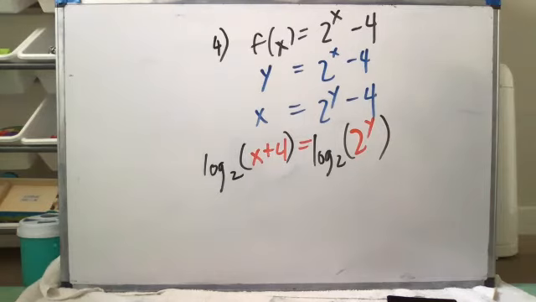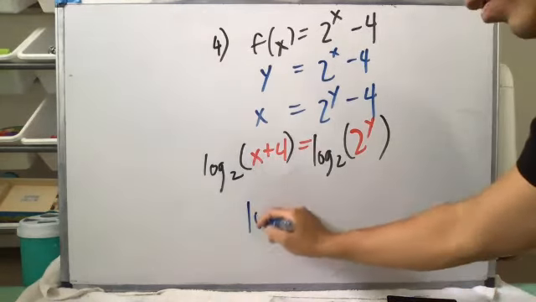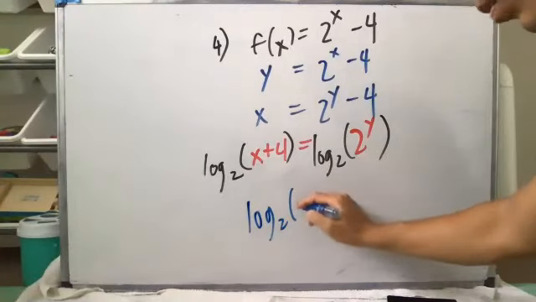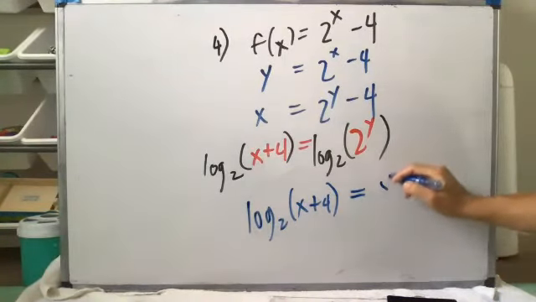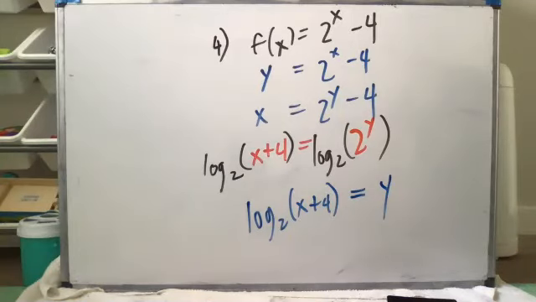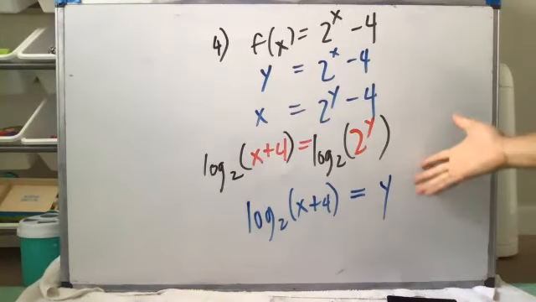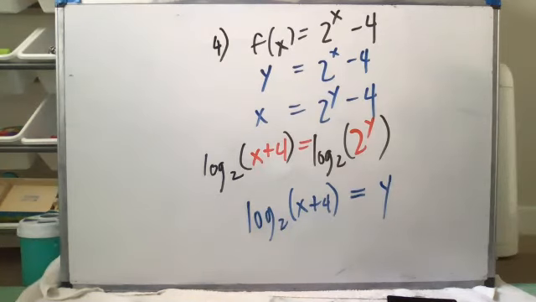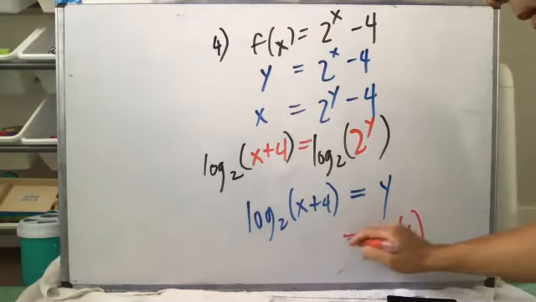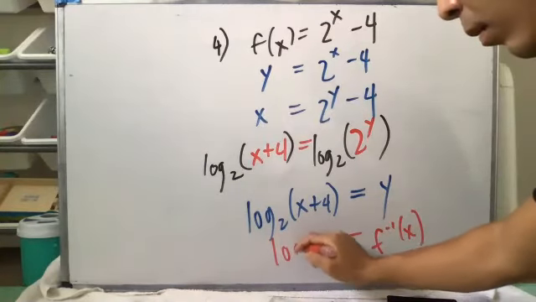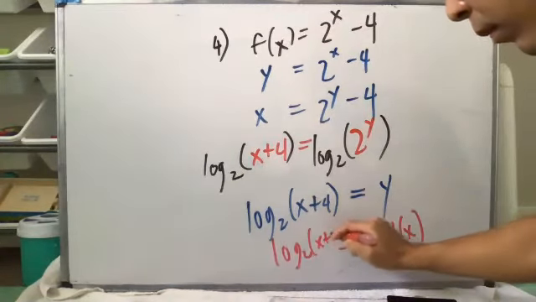What's the result? This part just stays exactly as it is, log base 2 of x plus 4. And this part becomes just y, right? This undid that whole exponent. So that's my answer. I write it out now as an inverse function. So f inverse of x instead of y is equal to log base 2 of x plus 4.